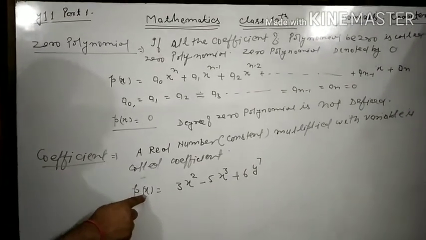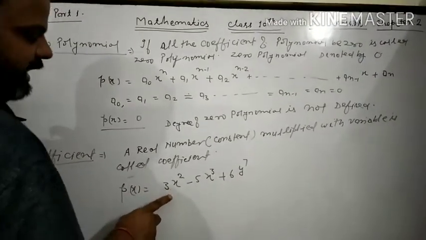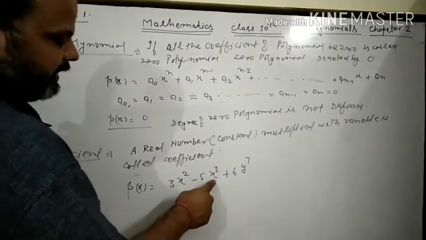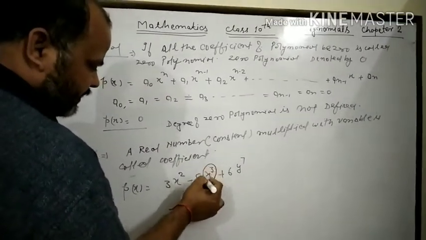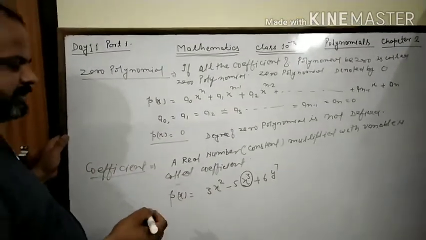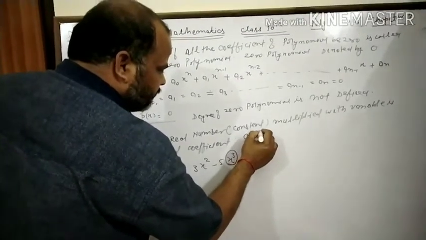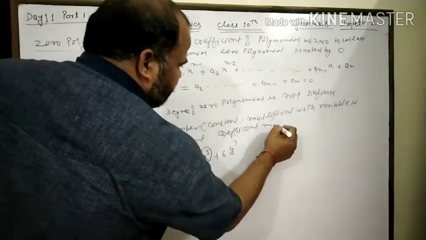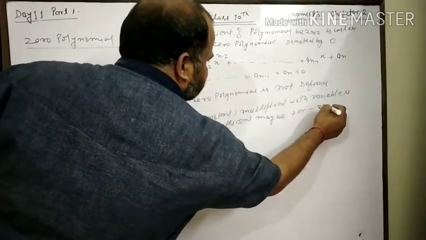In P(x), the variable of the polynomial is x. Then we check the highest power of x. Here the powers of x are 2 and 3, so the highest power is x to the power 3 and its coefficient is minus. Coefficient may carry a plus or minus sign.